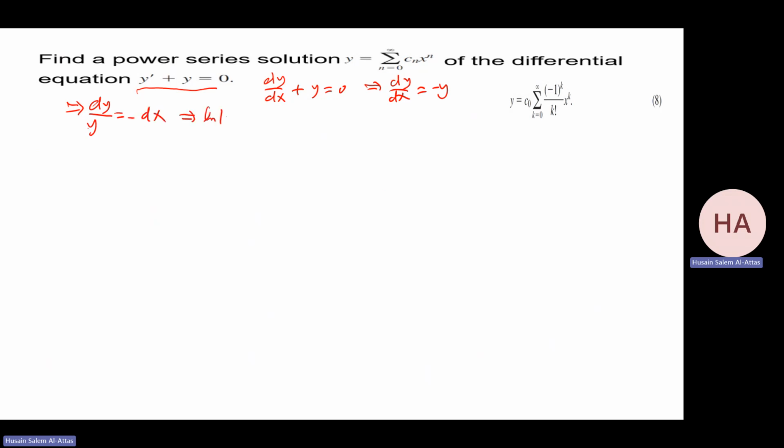So ln absolute value of y equals minus x plus c. So y equals e to the power minus x plus c, or c e to the power minus x. So this is my solution, which we know from before.